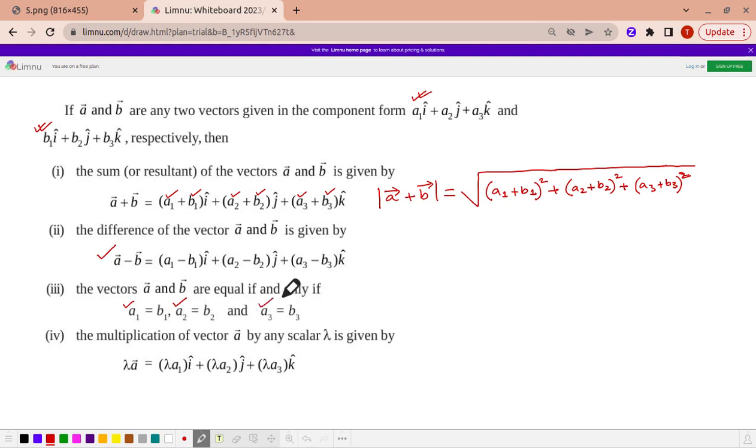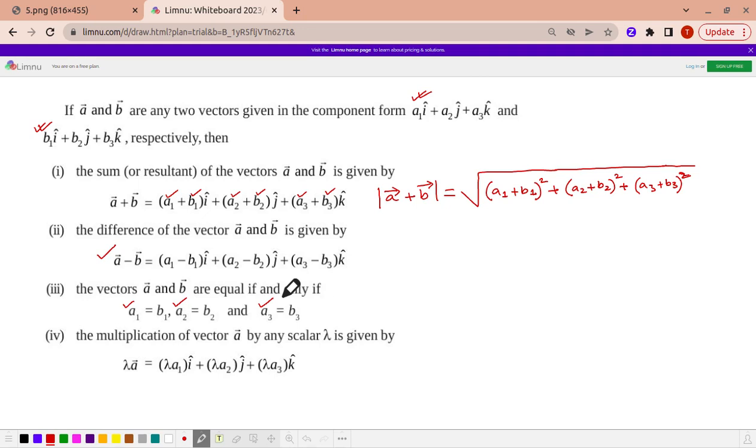That means a1 equal to b1 means the i component of the vector a is equal to the i component of the vector b.